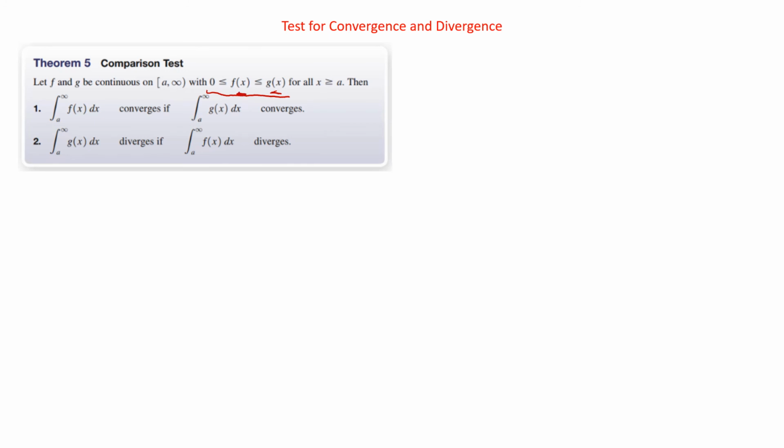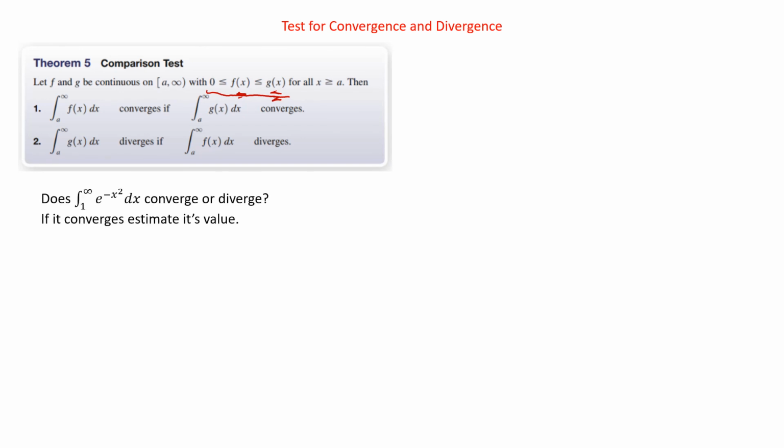If the small one diverges, then the big one has to diverge. It does not say anything if the big one diverges or if the small one converges. But if the small one goes to infinity, then the big one goes to infinity. If the big one goes to a value, then the smaller one has to go to a value.